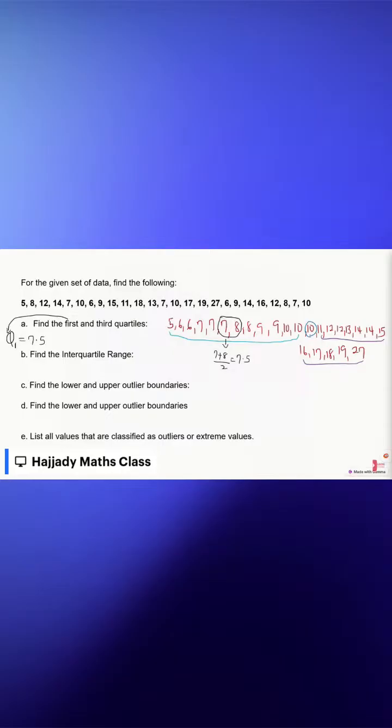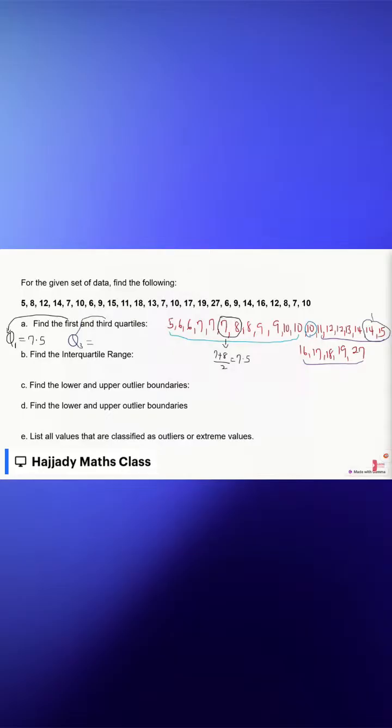Secondly, we have the third quartile, represented as Q3. So you look at the other half of the data. What is the middle value? It's going to be the 6th and the 7th value, which is 1, 2, 3, 4, 5, 6, 7. These are the middle values.